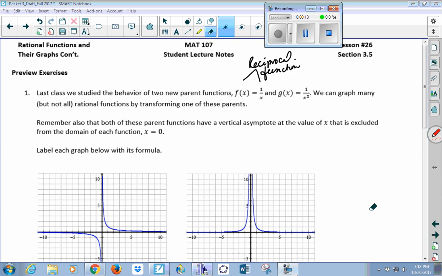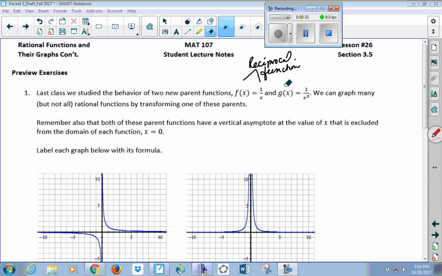So in the last class we studied two new parent functions, f of x equals 1 divided by x, which we call the reciprocal function, and g of x equals 1 divided by x squared. We can graph a lot of rational functions just by performing some transformations to these parent functions.